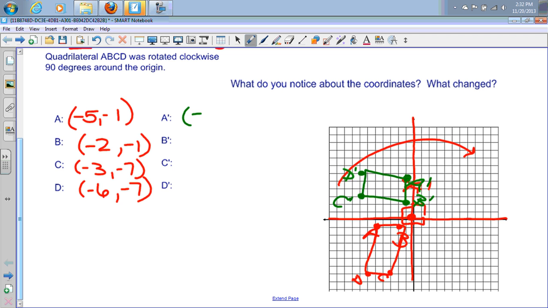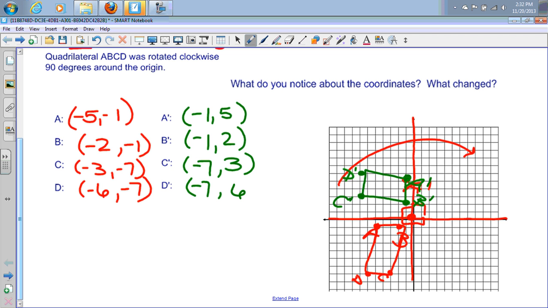So again, A was -5, -1 and A prime is -1, 5. B is -1, 2. C is -7, 3. D is -7, 6. Take a minute. Think about, what do you notice about the coordinates? What changed? Let's just talk about A to A prime.